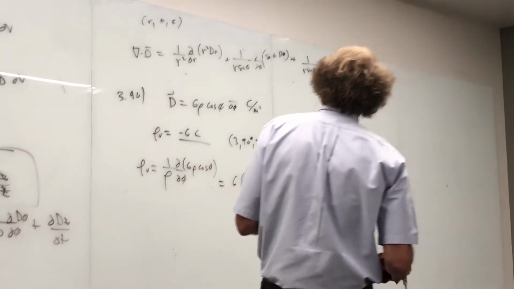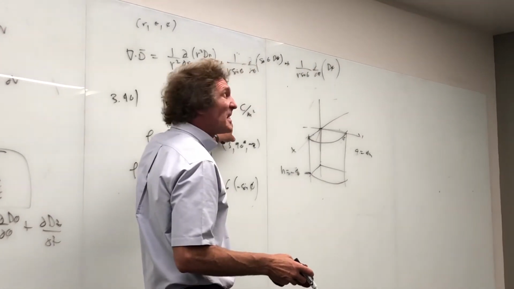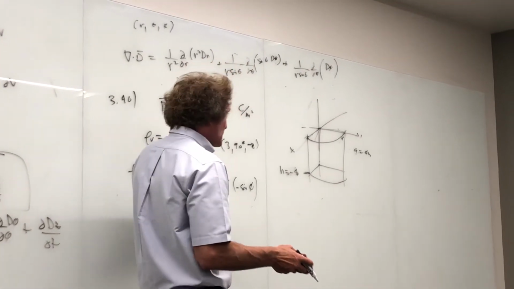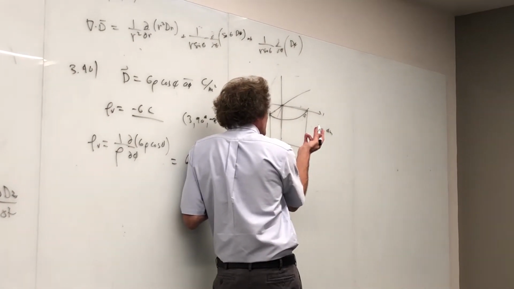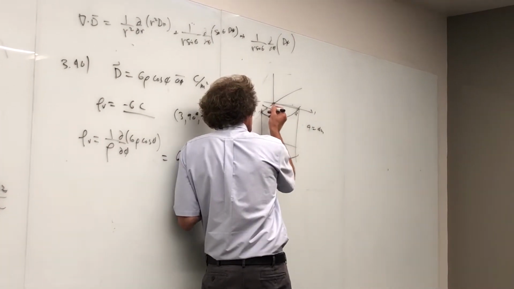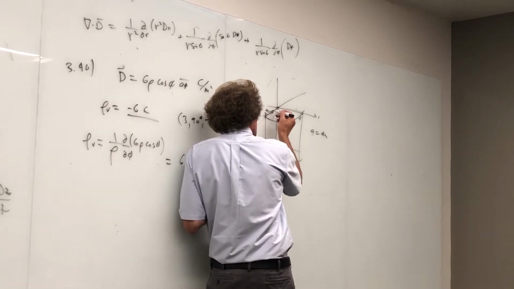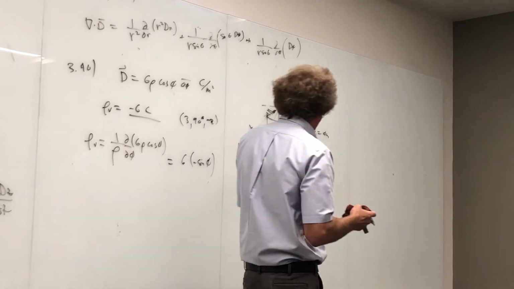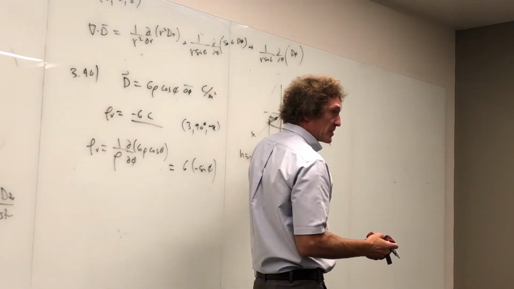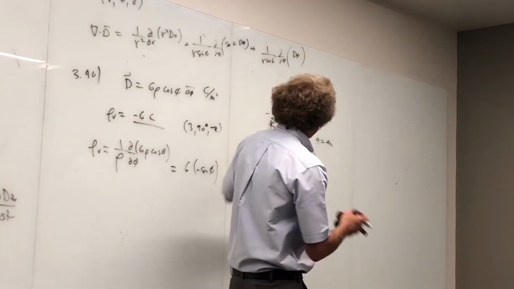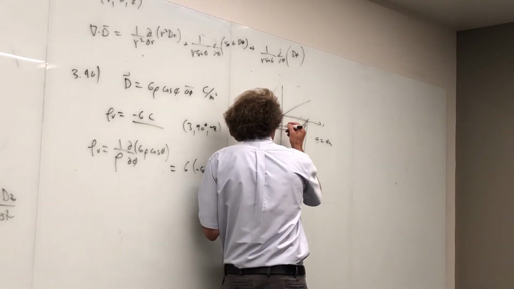You see how the D field right here is in the phi direction, right? So if you look at this, the only surface integral that would be non-zero, since this is the phi direction, the differential surface here would be a_phi times dz, times d rho. Do you all see that?